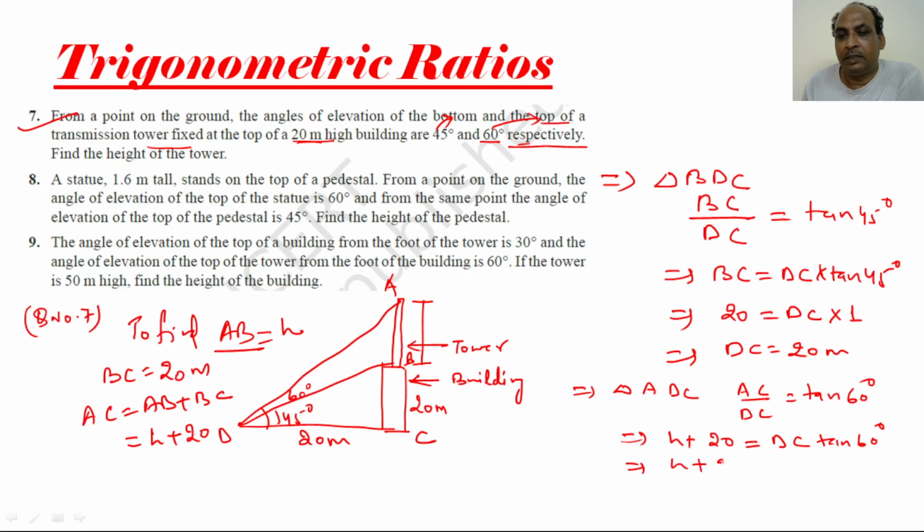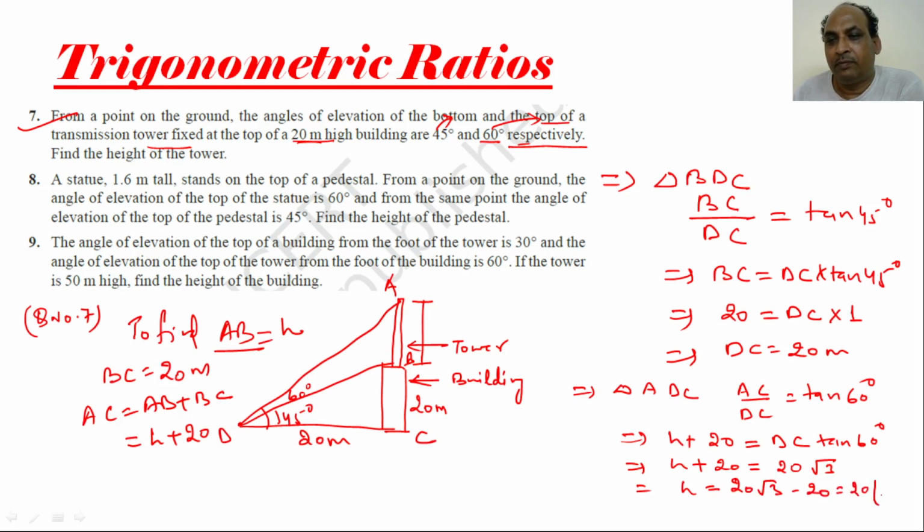Now H plus 20 is equal to DC, we already have 20, and tan 60 is root 3. So H is equal to 20 root 3 minus 20, which can be written as 20 into root 3 minus 1.